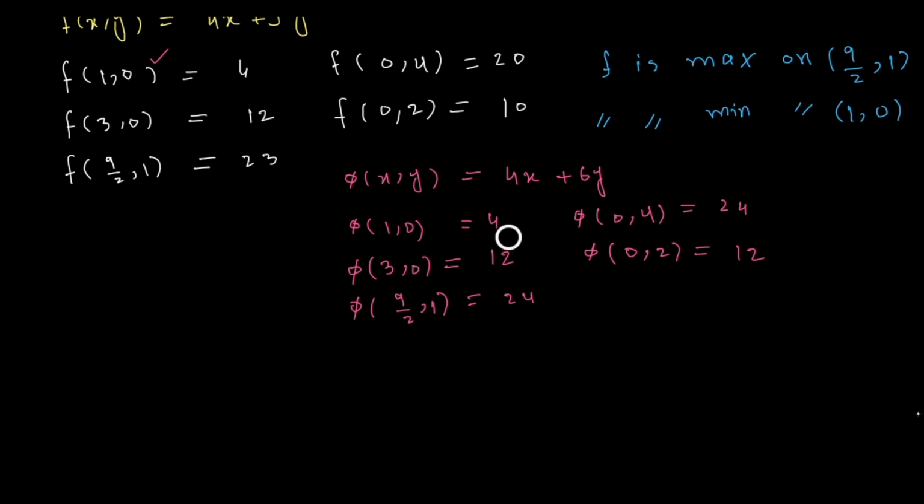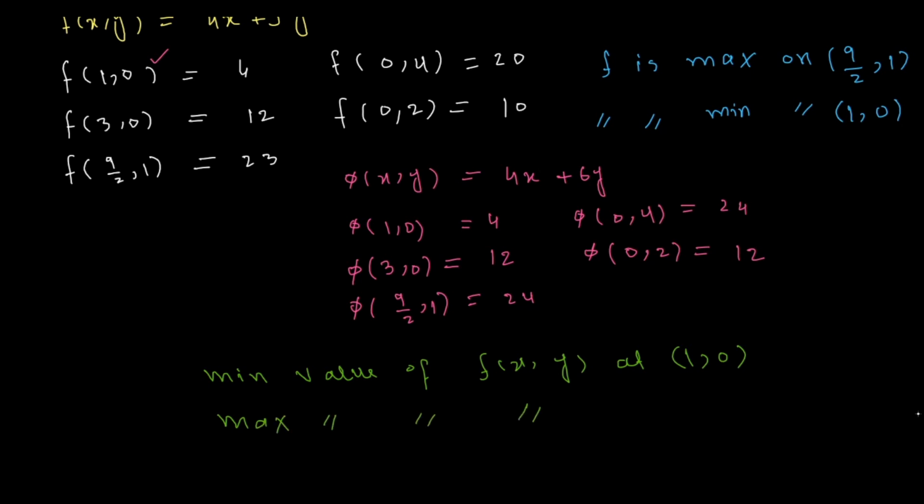So we can say the minimum value of phi of x comma y is at the corner point 1 comma 0, while the maximum value is 24 at two corner points, and the first corner point is 9 by 2 comma 1.